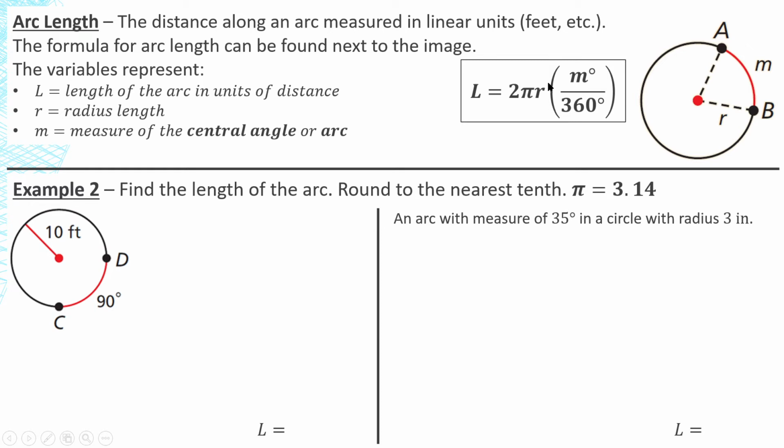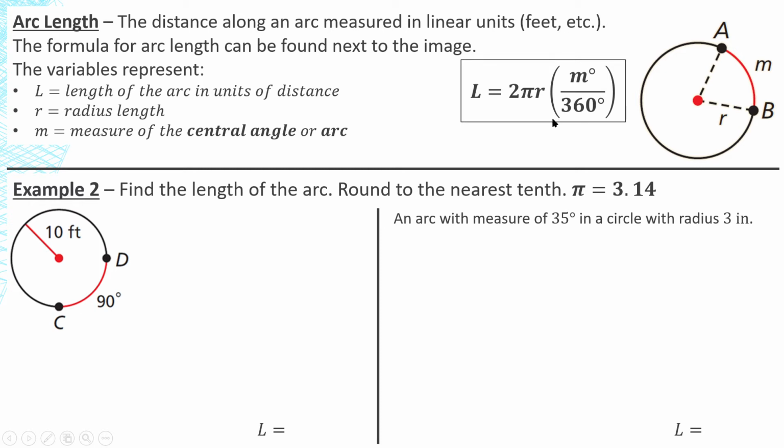The reason we multiply 2 pi r by m over 360 is that an arc is a fraction of the circumference. It's a percentage. So the question is, what percentage? The arc you're looking for represents a certain number of degrees out of the total 360. That's why we multiply by this fraction, m over 360.